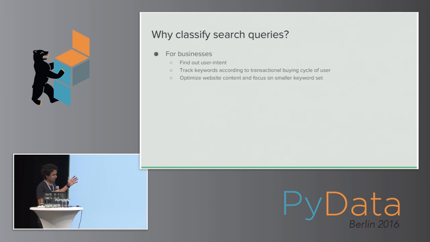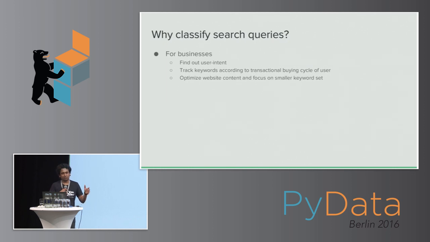For businesses. Any business, whether a small business like a very new startup here selling electronic stuff or furniture, or a very big company like Amazon, wants to find out what the user intent is when the user is visiting their website.